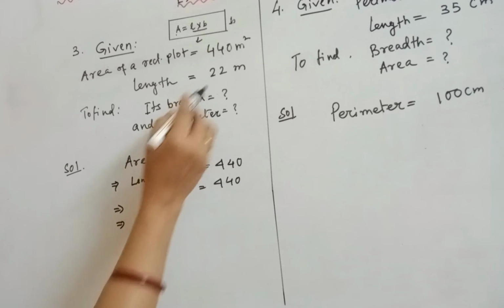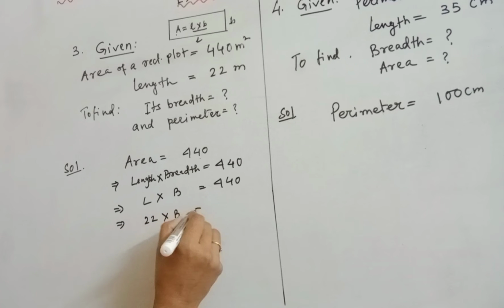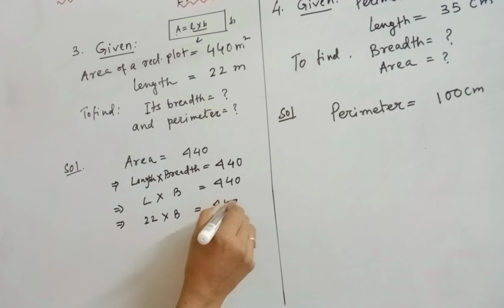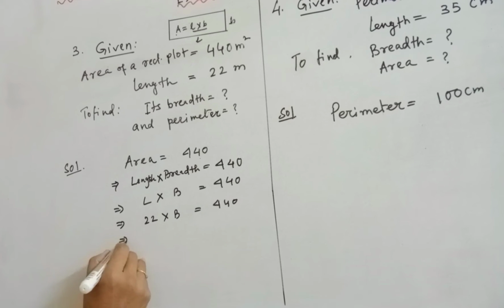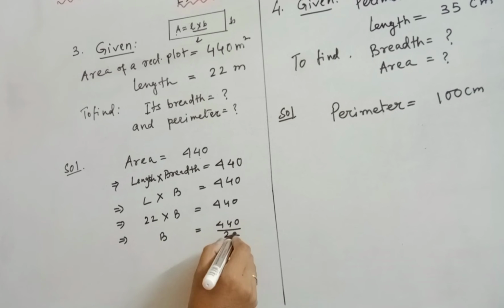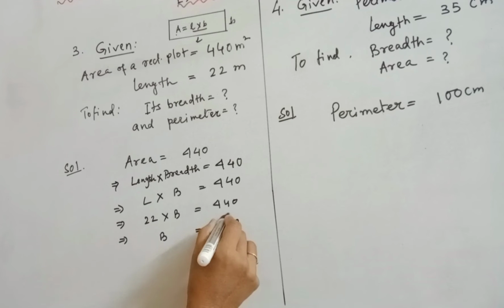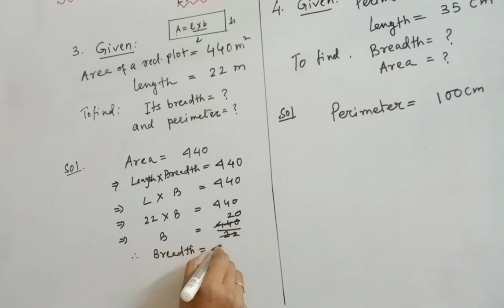Length is given here, 22, into breadth we don't know, so 440. Now using the concept of linear equation, B is equal to 440 by 22. Cancel it. 22 2s are 44, it is 0, so 20. Therefore breadth of the rectangular plot is 20 meter.